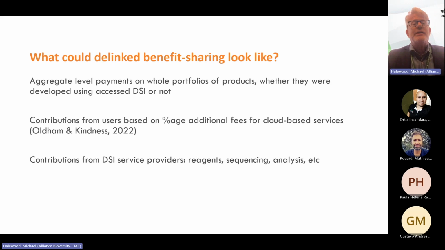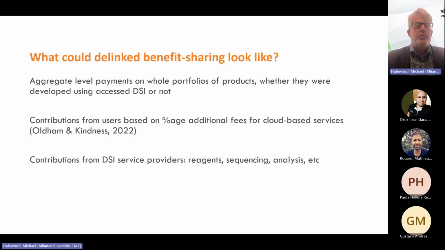So what could delinked benefit sharing look like? We talk about it all the time, and I think this community is maturing extraordinarily fast in terms of thinking through what those options are. But one option is, of course, that aggregate level payments on whole portfolios of products would be made by users, defined quite broadly, whether those products were developed using accessed DSI or not.